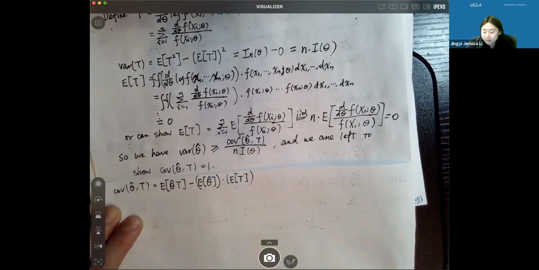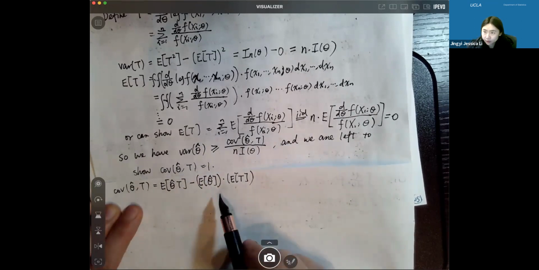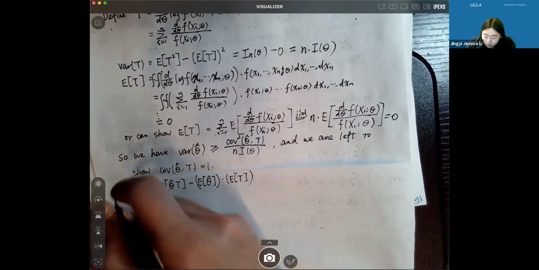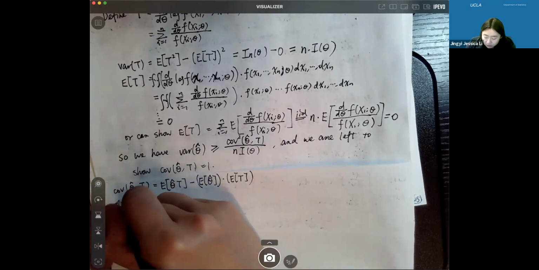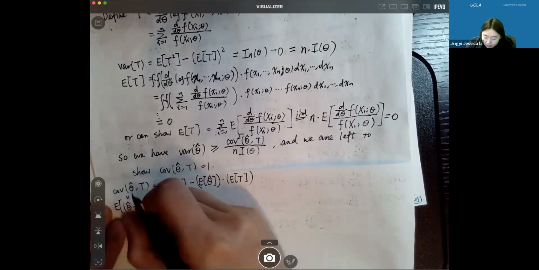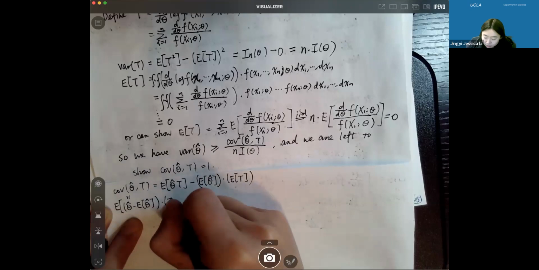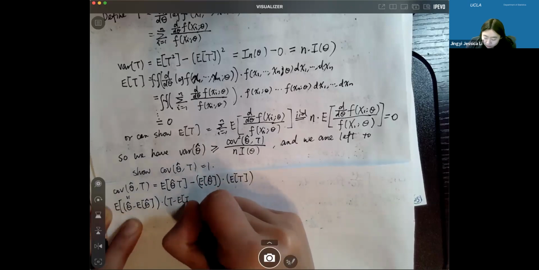If this is not familiar to you, you could try to prove it. It's still just one line, using the covariance definition: theta hat minus its expectation times T minus its expectation.